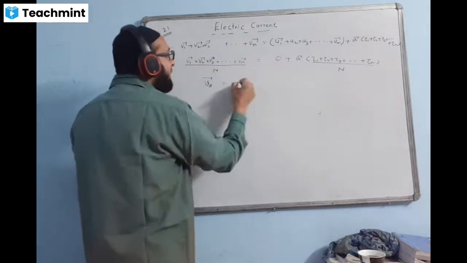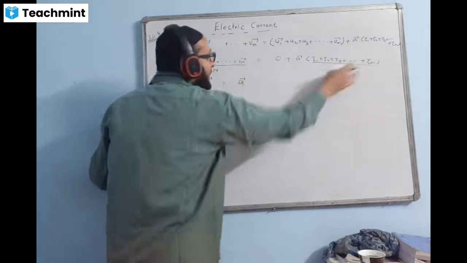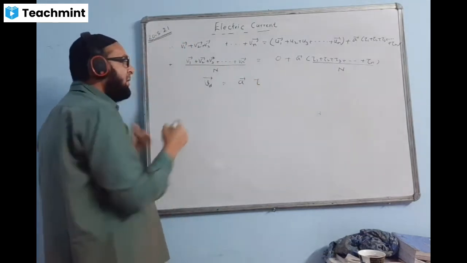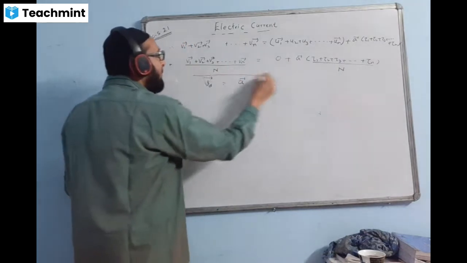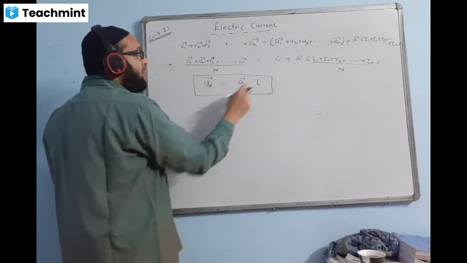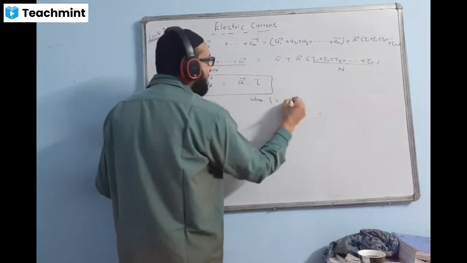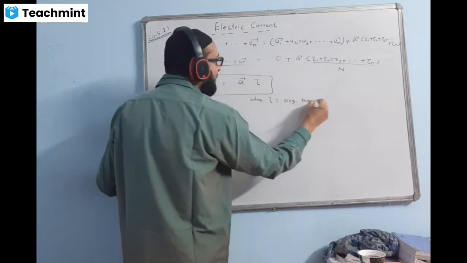And here I'll be writing A times tau. This is called the average time of relaxation. So this becomes the formula: Vd is equal to A into tau, where tau is called the average time of relaxation.